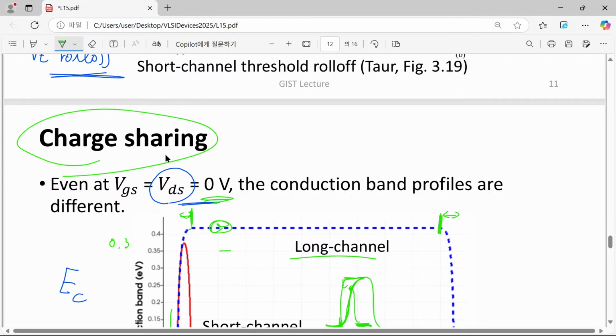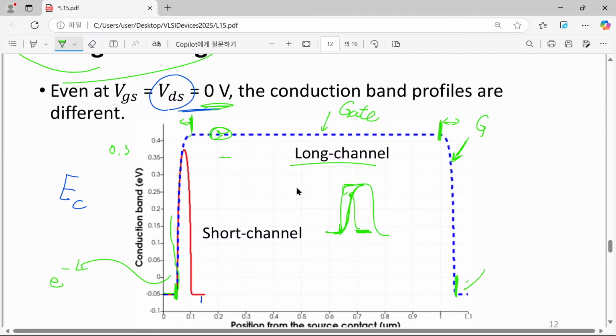For example, the charge at this part is solely determined by our gate terminal. However, the charge in this part is not fully controlled by the gate terminal voltage, but also affected by our drain voltage. As you can see, this EC value itself has an intermediate value between the gate determined value and the drain determined value, so they have some intermediate controllability on this part.